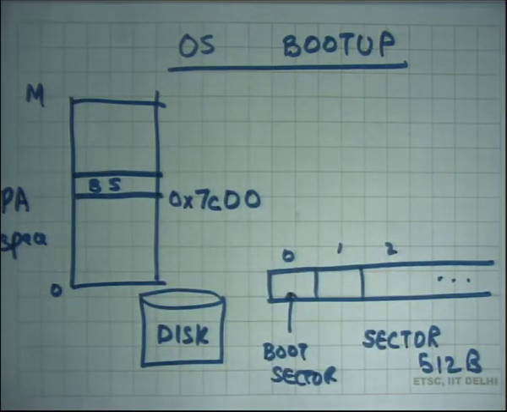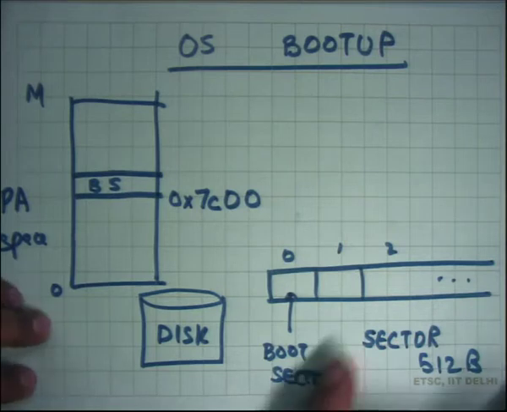These addresses are just historical in nature. This must have been the address at which it was loaded back in the 1980s, and it continues because, for backward compatibility, we want an operating system that was written in 1981 to still run. So it has to do the same thing.